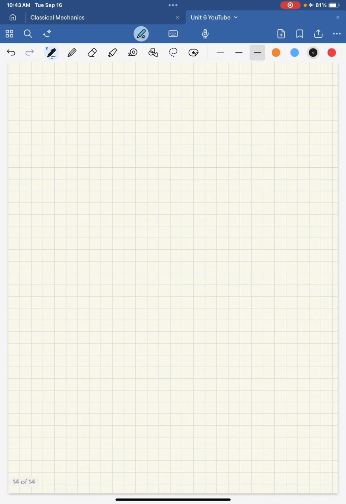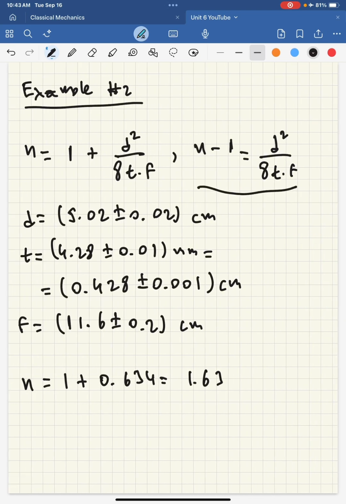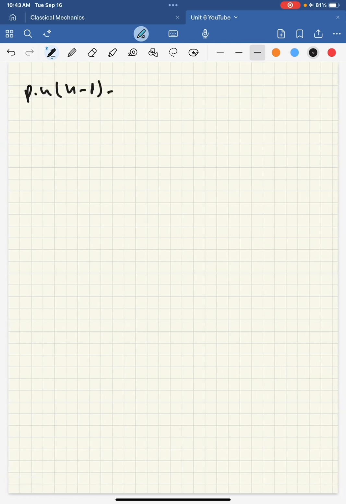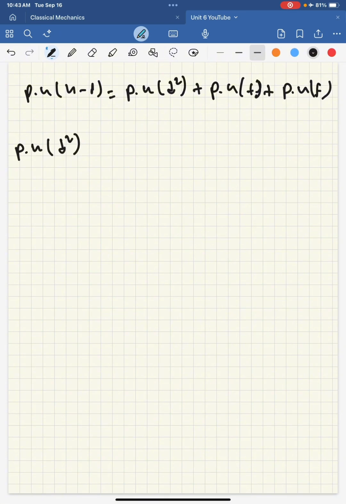Now the percentage uncertainty in n minus 1, which is this quantity over here, will be the percentage uncertainty in d squared plus the percentage uncertainty in t plus the percentage uncertainty in f, because when we divide things, we add their percentage uncertainties. Now the percentage uncertainty in d squared will be 2 times the percentage uncertainty in d.